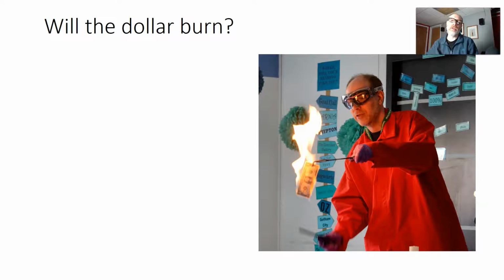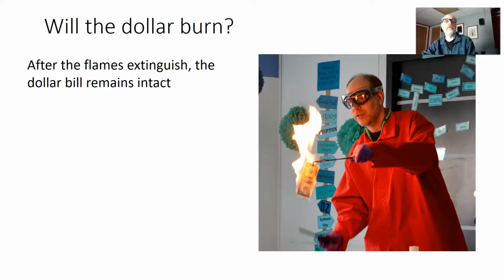So when we talk about the non-burning dollar, I don't know that you've necessarily seen that yet, but in an upcoming video, I'm going to show you the non-burning dollar. You take a dollar bill, you dip it in this solution, the solution contains some fuel, you light it on fire, you get this great big bright fire, but the dollar bill remains intact after you've extinguished it.